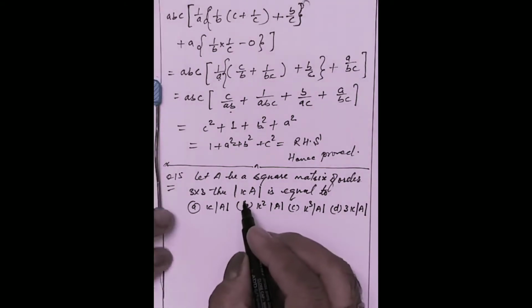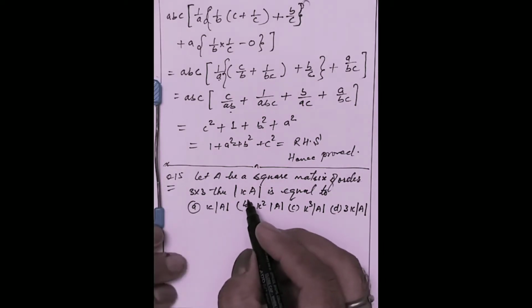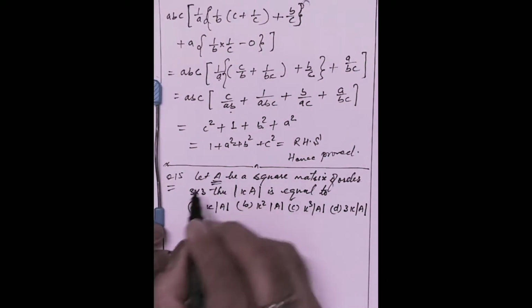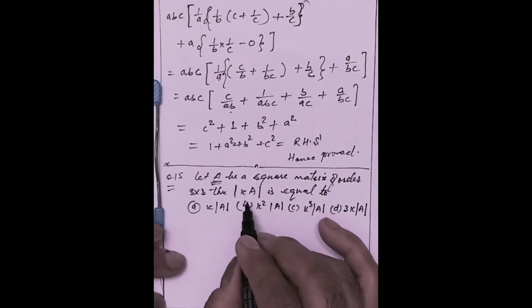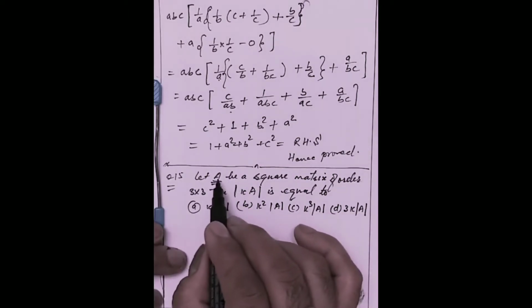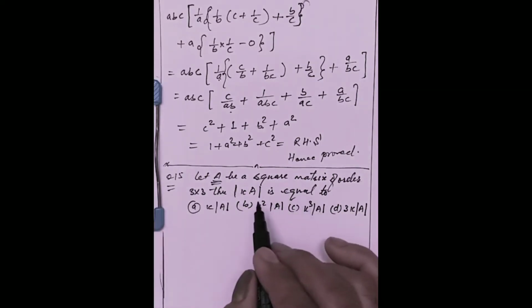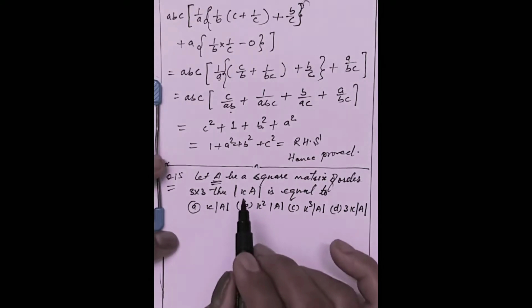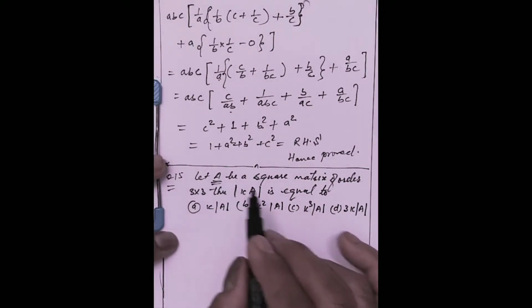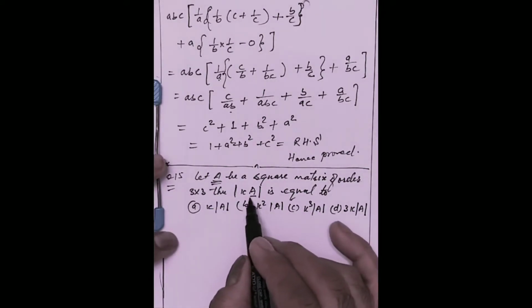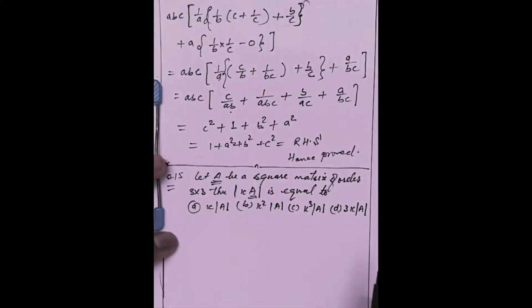So now look here, this A is a square matrix, and this matrix is multiplied by constant k. So each and every element of matrix A will be multiplied by k.